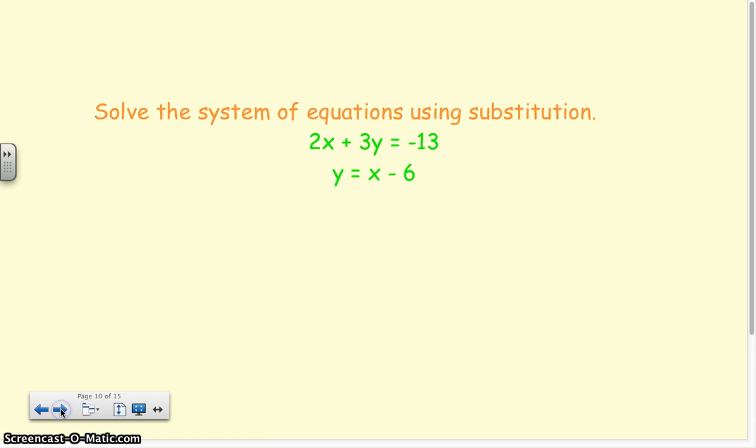All right, next example. We're going to solve this one. We have 2x plus 3y is equal to negative 13, and y is equal to x minus 6. I want you to think, pair, share for a second and tell your table partner where you are going to put the parentheses.